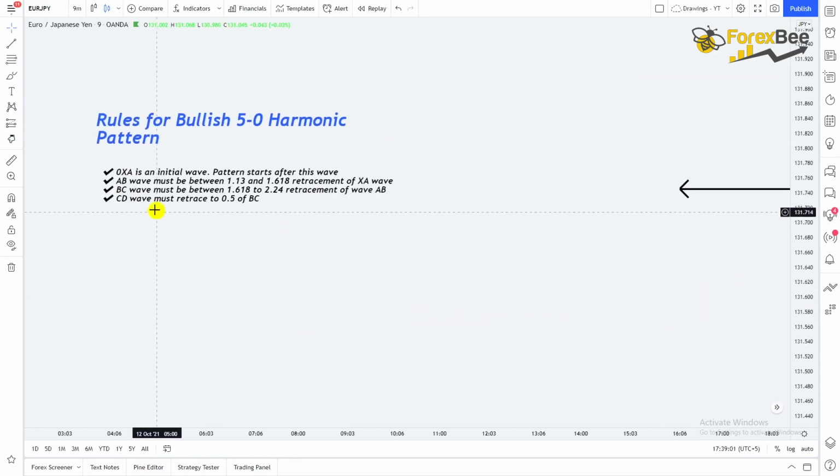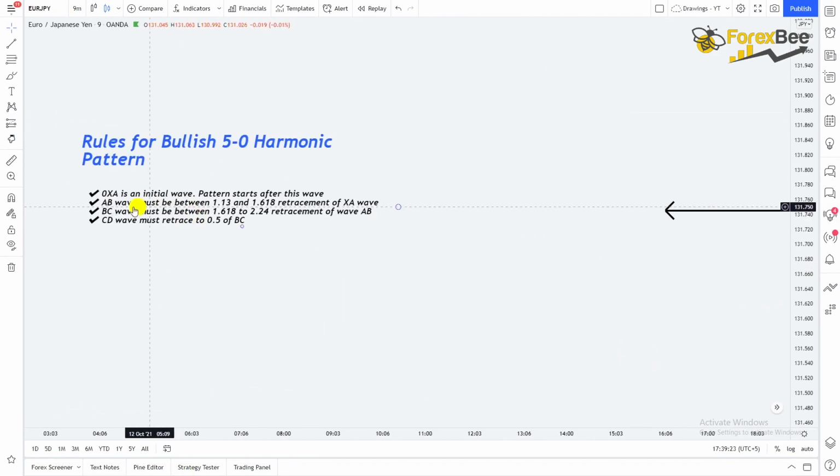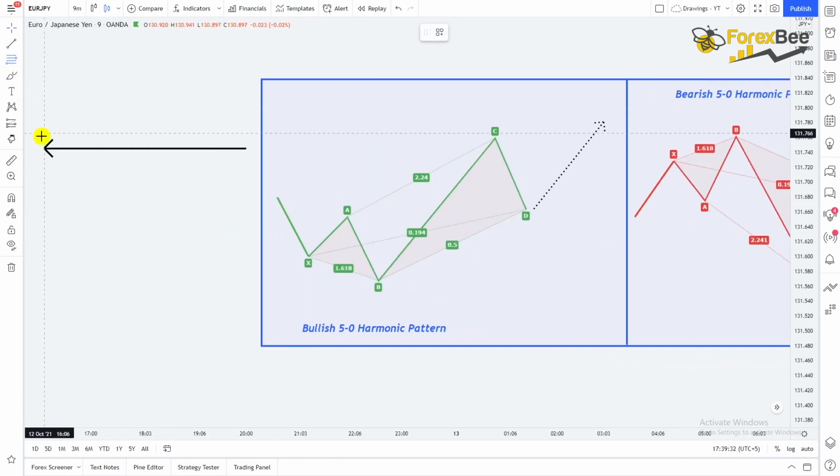Our second rule says that the AB wave must be between 1.13 and 1.618 retracement of the XA wave. As I said in the beginning, the Fifty harmonic pattern is based on specific Fibonacci ratios. So let me go to the drawing and show you what this rule means. Let me get the retracement tool.